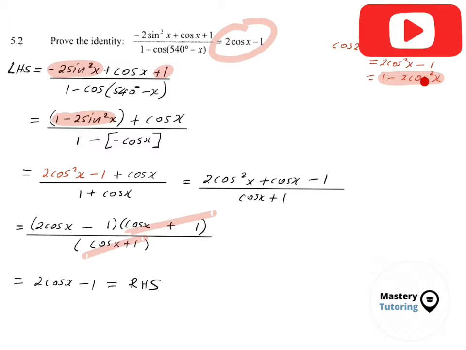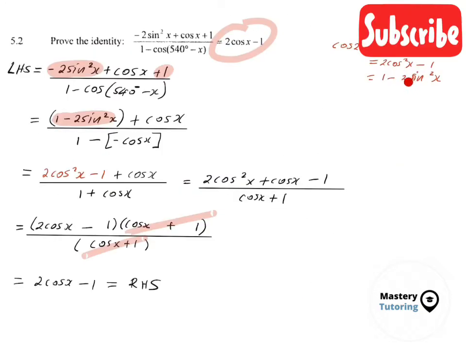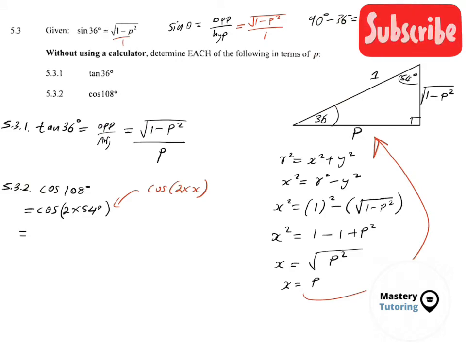Shucks, sorry guys, this is supposed to be sine squared, not cos squared. Sine squared x, apologies on that. I can choose to make it look like this or like that one, so I'm going to choose this one. Where there's x, I put 54.